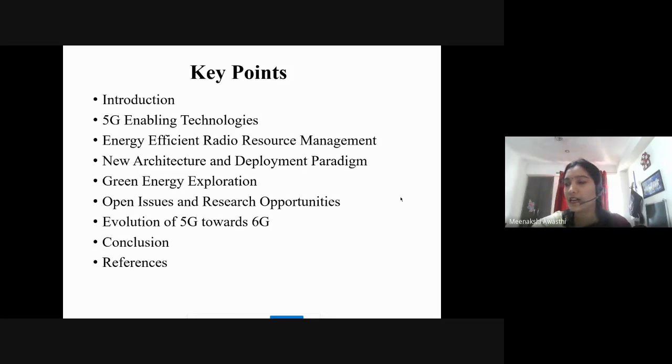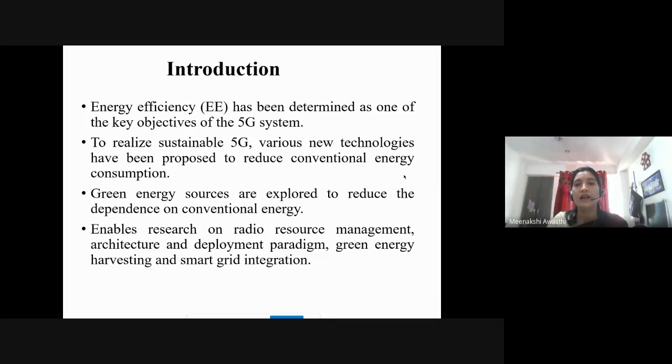Okay, so let's start with 5G. With the fast penetration of smartphones and tablets in recent years, data traffic on mobile networks has increased significantly, which we can see in day-to-day life. 5G is supposed to support a 1,000-times traffic increase in the coming 10 years, with energy consumption around half of 4G.